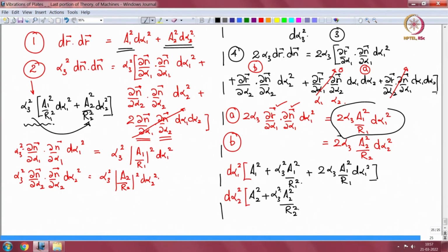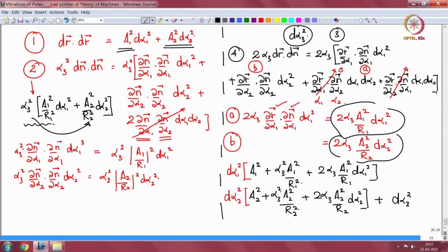Then I have this term over here plus twice alpha 3 A2 squared by R2 d alpha 2 squared, plus one term that is left is d alpha 3 squared.